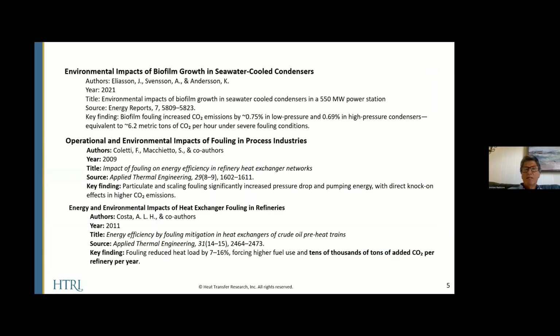There have been many, many studies that show that because of fouling within heat exchangers, there is an environmental penalty that gets paid. A lot of this has been seen anytime seawater or any kind of cooler water is involved, because the heat exchangers foul, there's a financial impact caused by this.